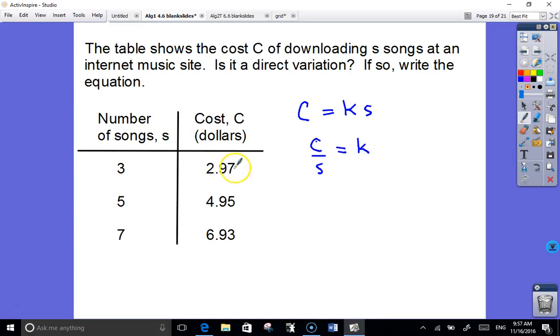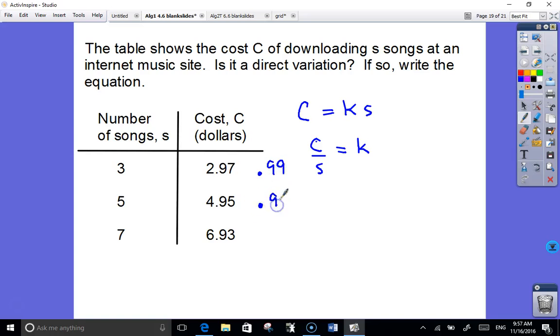So use your calculator and tell me, what is 2.97 divided by 3? Calculator time. 2.97 divided by 3. 0.99. Okay, try 4.95 divided by 5.